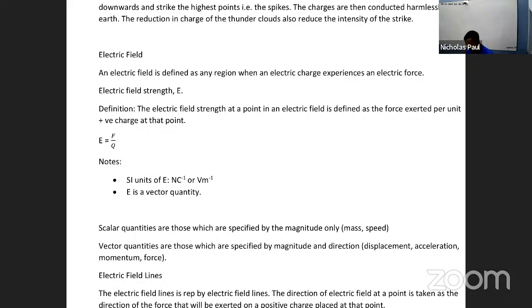SI units. The SI unit is newtons per coulomb. You all can see where that came from: force over charge. But where did volts per meter come from?